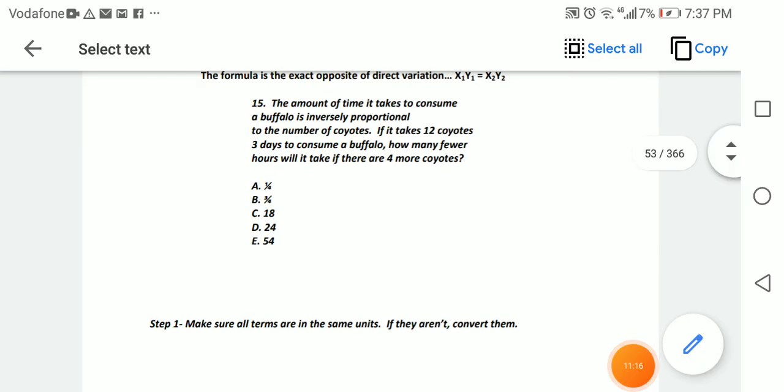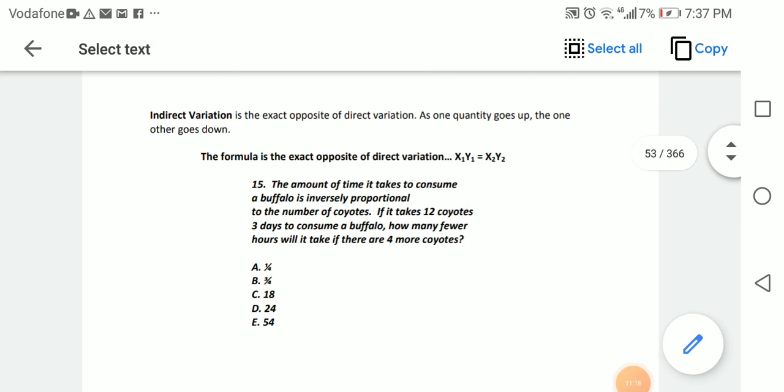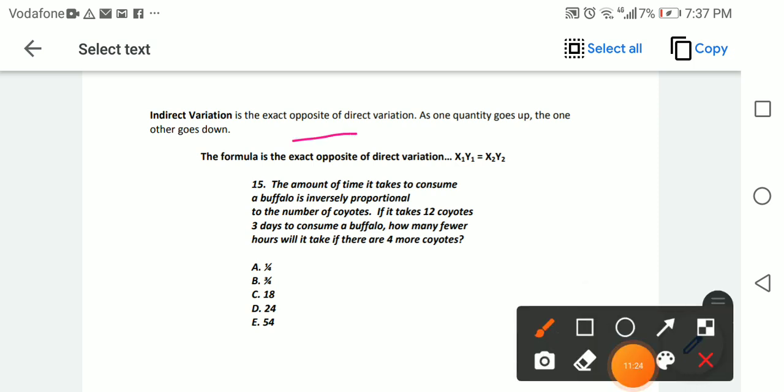We also have indirect variation. It's exactly like direct variation but in the opposite way: as one quantity goes up, the other goes down. The formula is the exact opposite of direct variation: x1 y1 equals x2 y2.